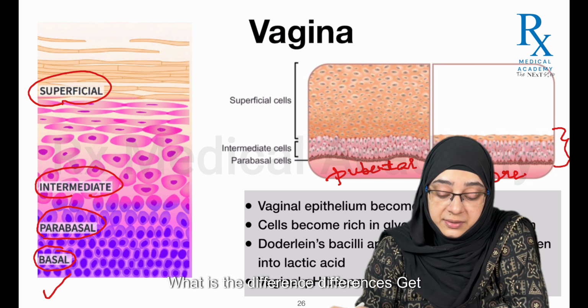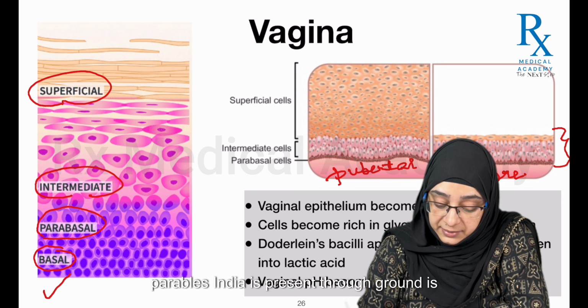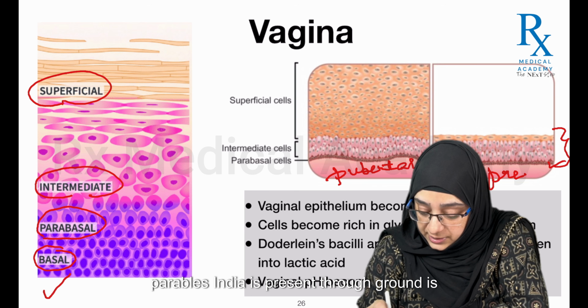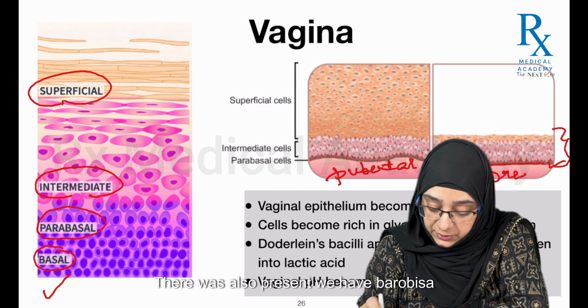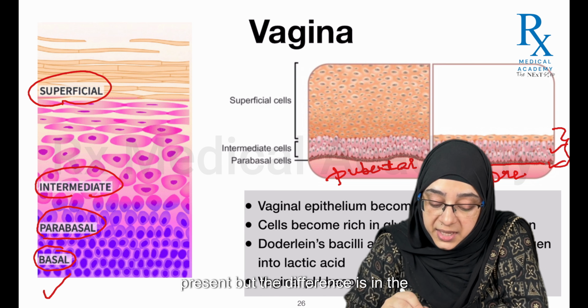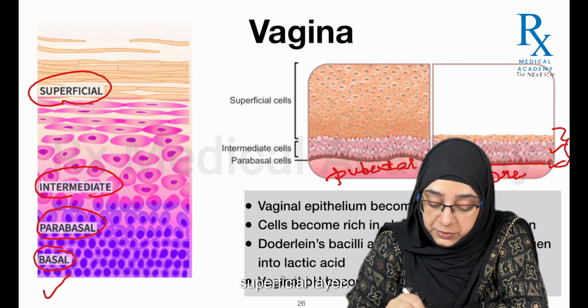What is the difference? Yes, the parabasal cell layer is present, true. In fact, this brown one is the basal layer, that's also present. You have the parabasal layer and the intermediate cells also present. But the main difference is in this superficial layer.